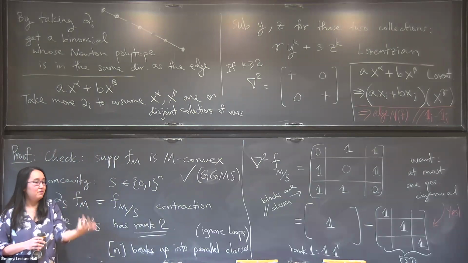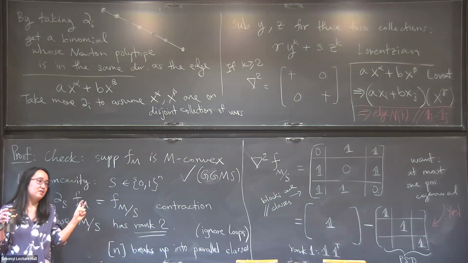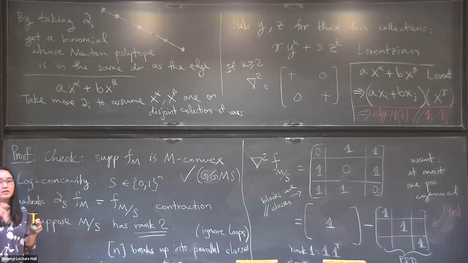Taking a valuation is a form of tropicalization. One statement you can derive using the same ideas I discussed is that if you look at Lorentzian polynomials with fixed support with valuation, then the collection of valuations gives you M convex functions on the support. So the tropicalization of Lorentzian polynomials gives you M convex functions. This is one connection to tropical geometry that we haven't explored.